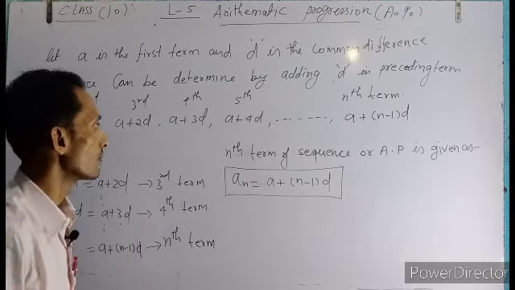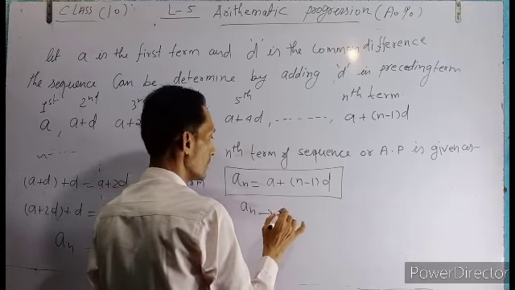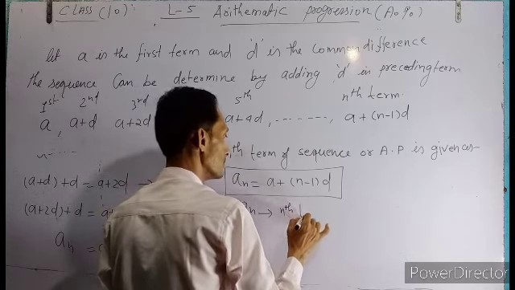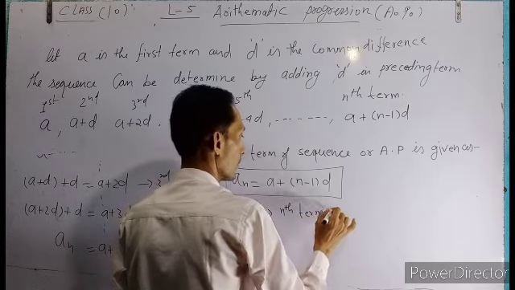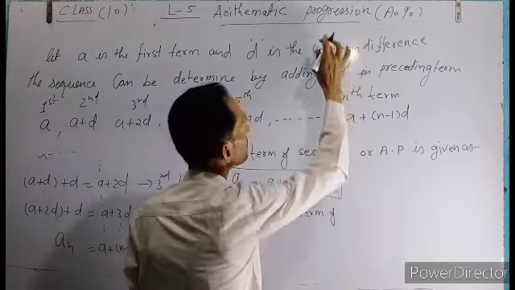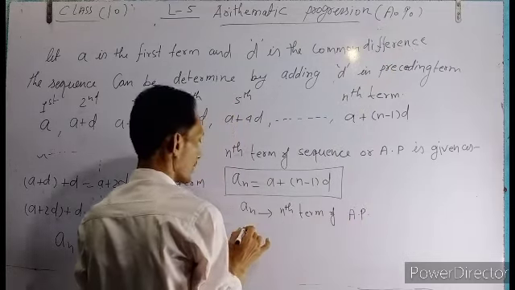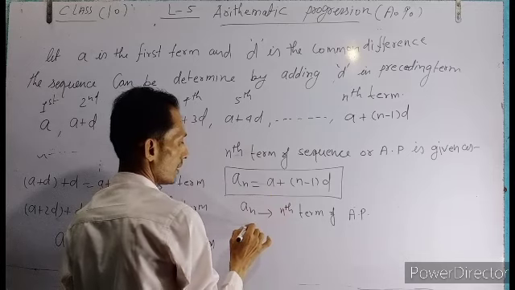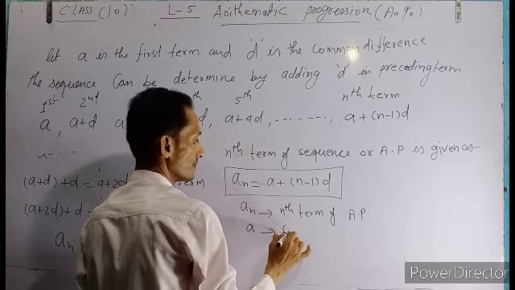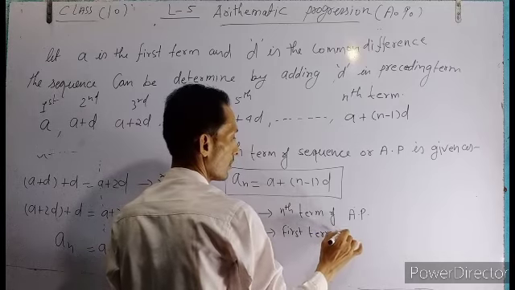Where An is called the nth term of arithmetic progression, AP. A is called the first term of AP.